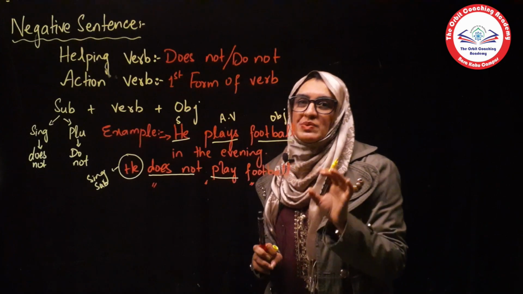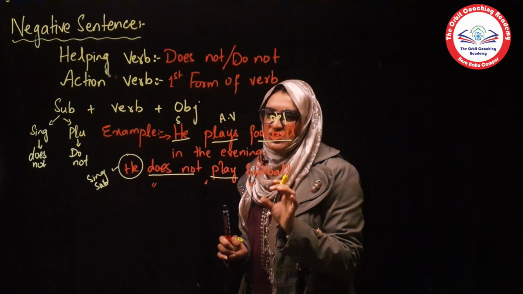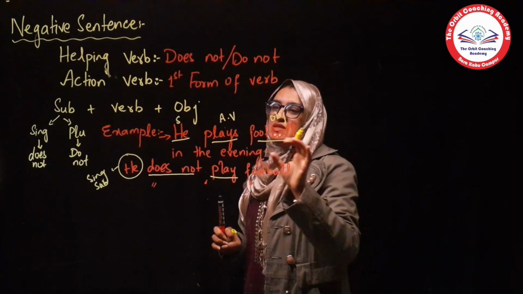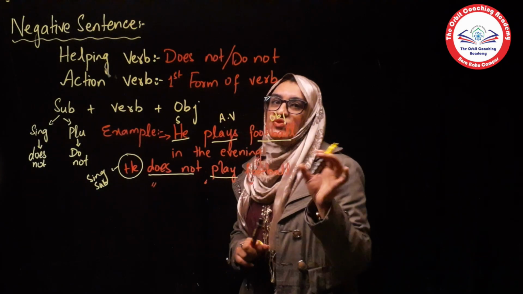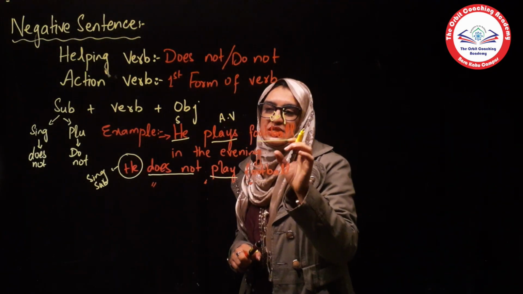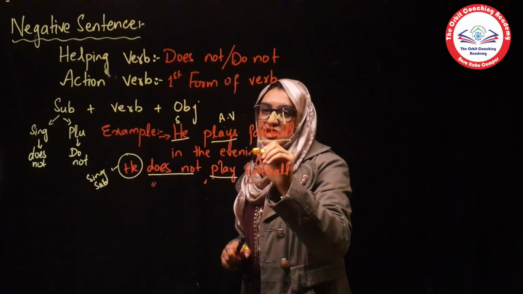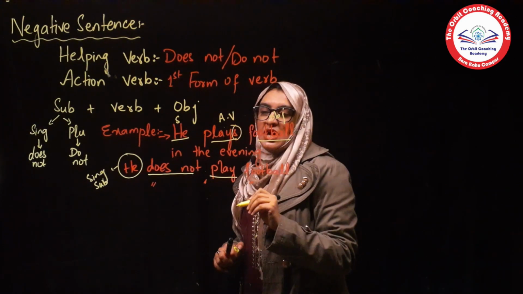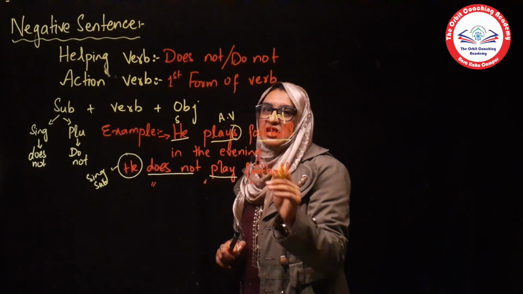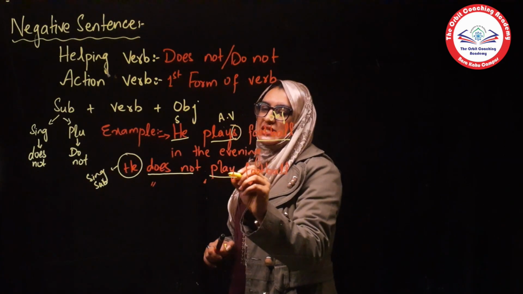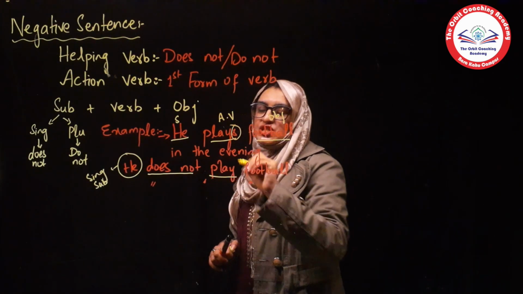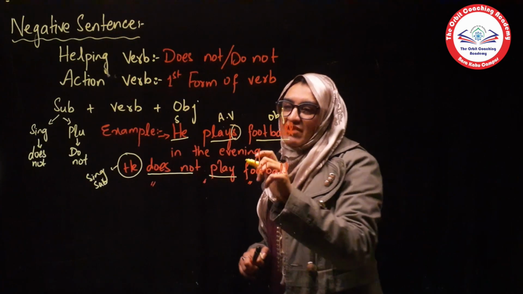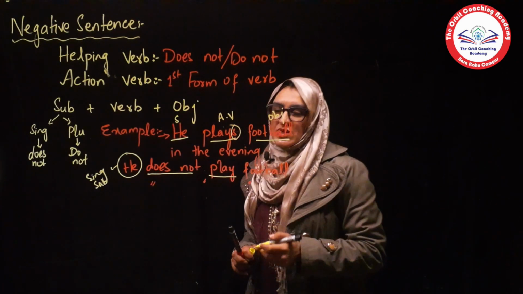There will not be any s or es with this one. I just want you to notice that in the simple sentence, when we did not use does or do, I used the first form of verb plus s. While negating something using does not, I have added only the action verb, that is play. I have not added s or es with this one.